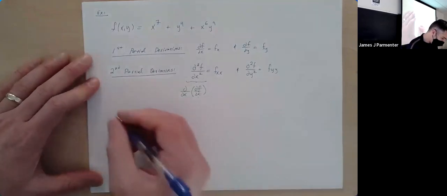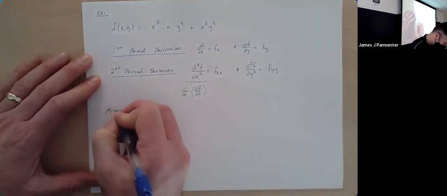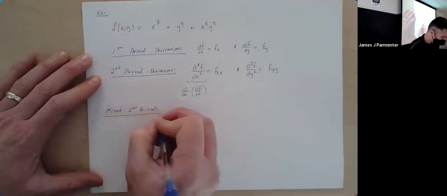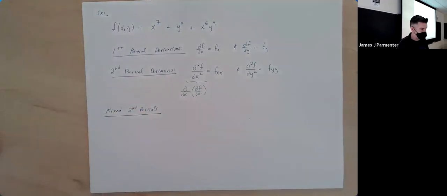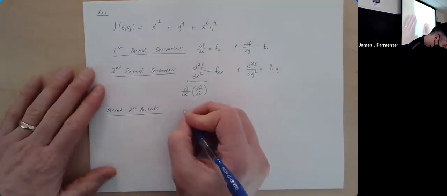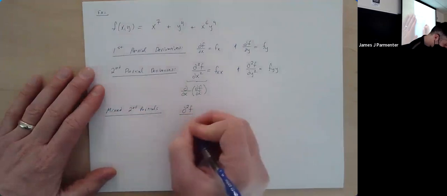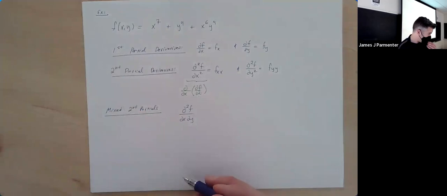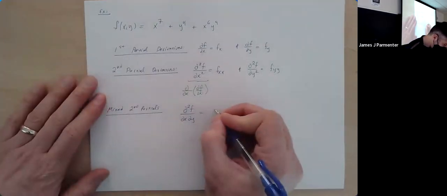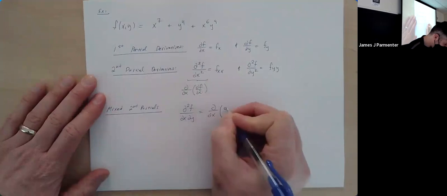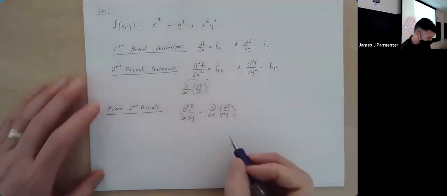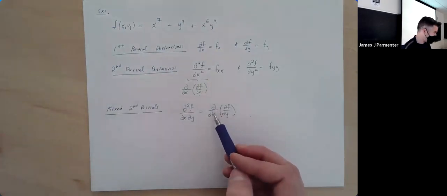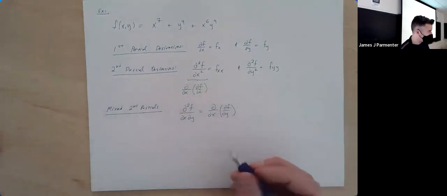And then we also have the mixed second partials. Mixed meaning one of each, x and y. Now this is where things get a little bit funky. So you could have del squared f del x del y, which means you do y first. So I'm going to write this as del x of del f del y, meaning I would do the partial of f with respect to y first, and then the partial of that with respect to x second. And here's where the notation kind of sucks.